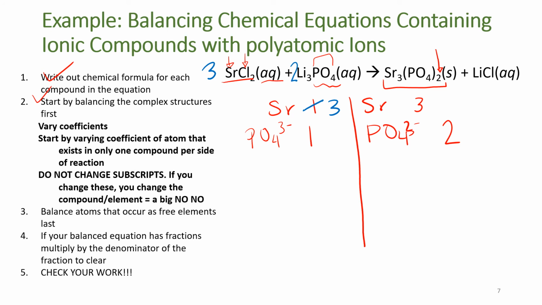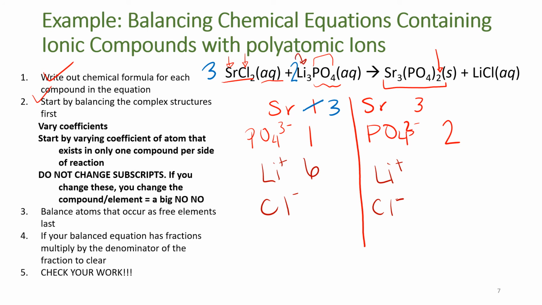So now you can go ahead and move on to lithium and chloride. And I'm supposed to be writing these charges just to keep it accurate. Okay, so on the reactant side, we have 6 lithiums, right? Because we have that 2 and then we have that 3.